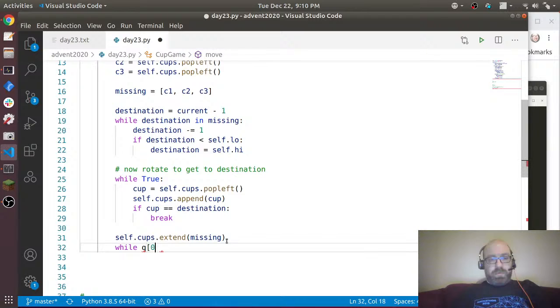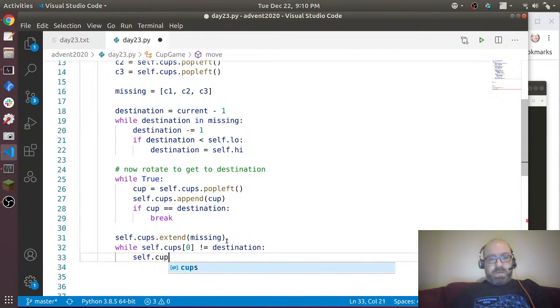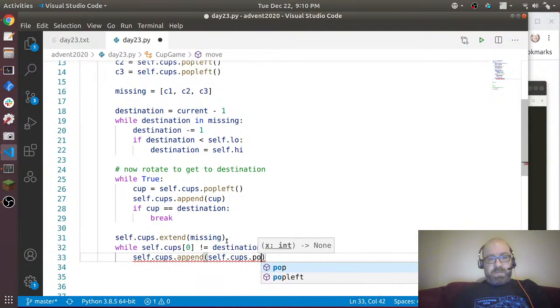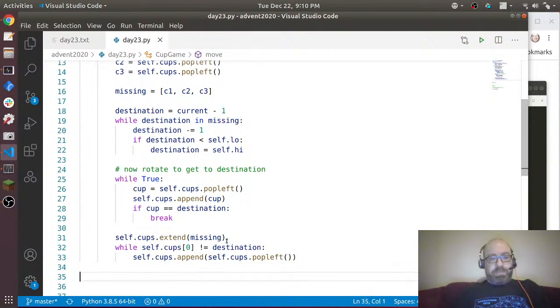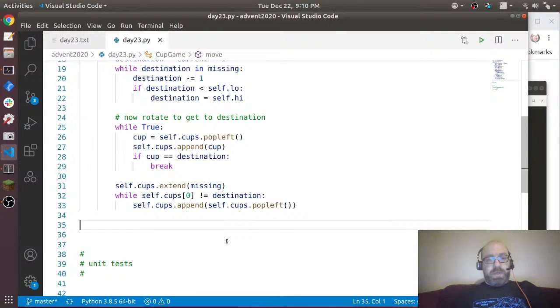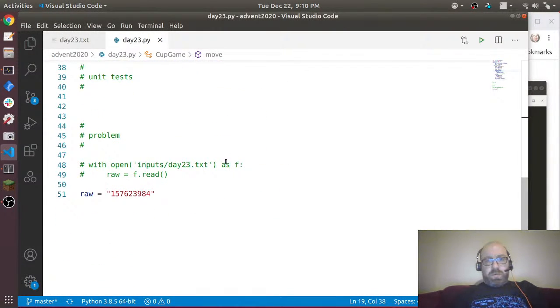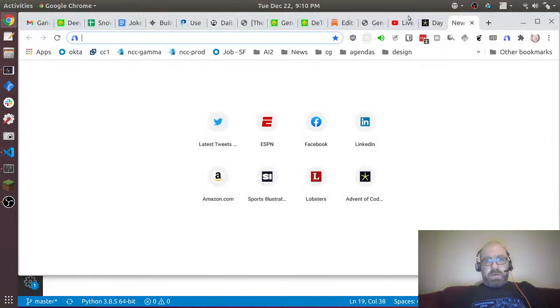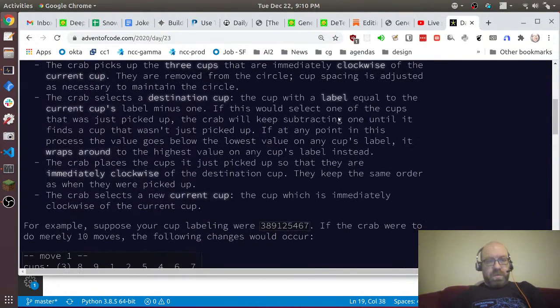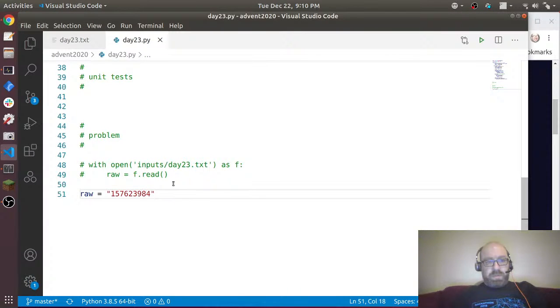While self.cups[0] is not equal to destination, self.cups.append(self.cups.popleft()). Okay, and so now the current should be there. So let's use their example and say, suppose the cup labeling were this.